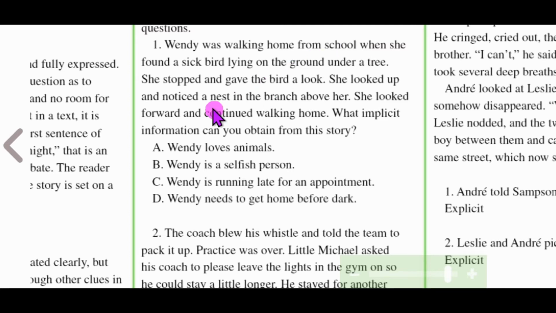It goes on and says she looked forward and continued walking home. So here we have walking home, then after looking at this poor bird, she continues walking home. So we could safely conclude that Wendy needs to get home before dark.